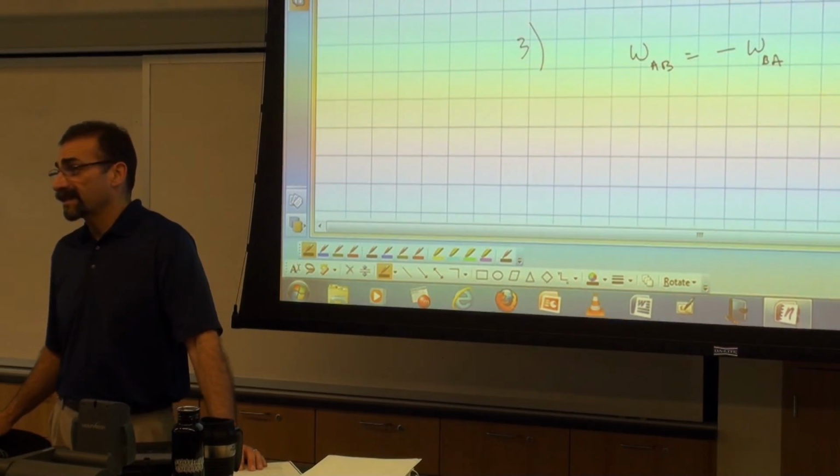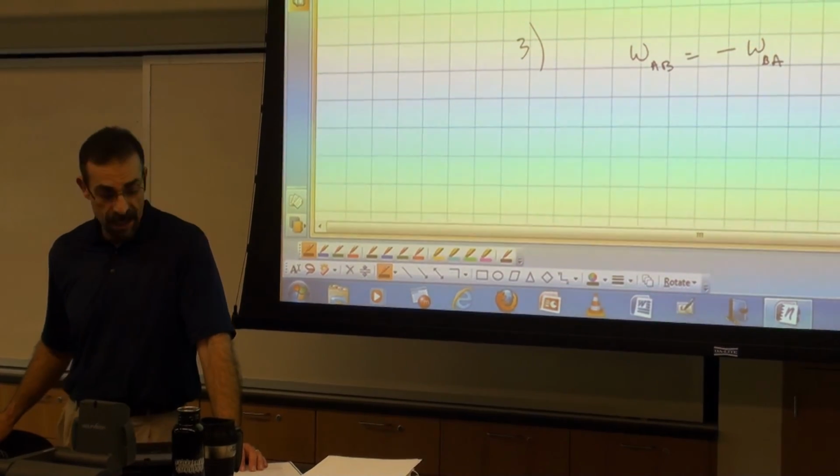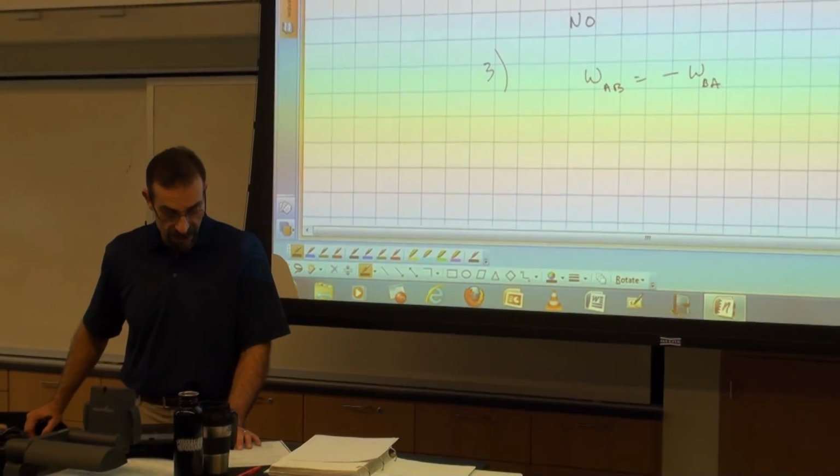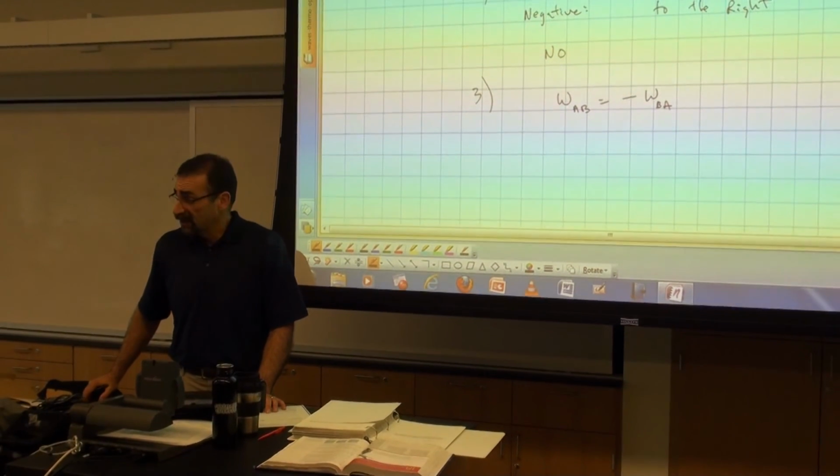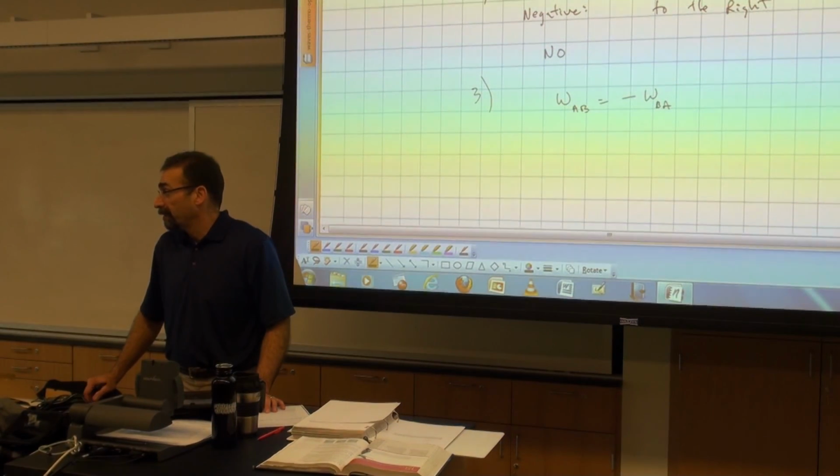They are equal in magnitude, opposite in sign, right? The work done on A from B is equal to the negative of work done on B from A. Just like the hand and the block.